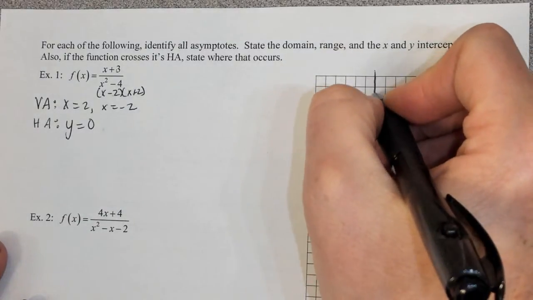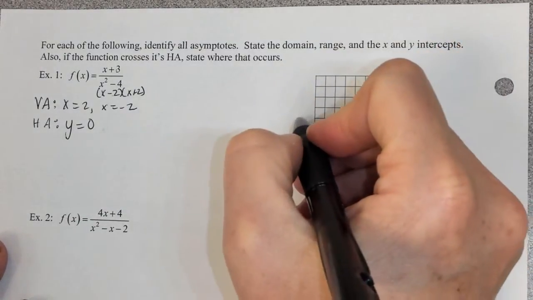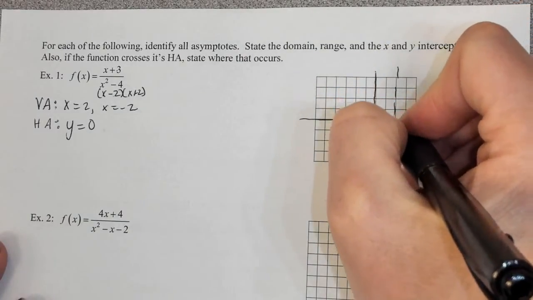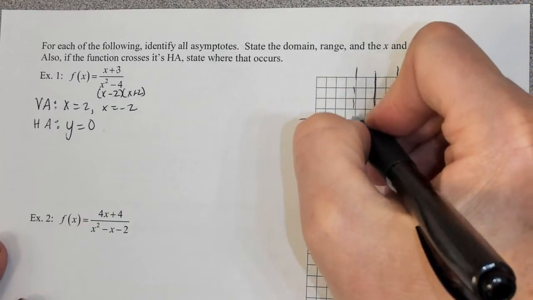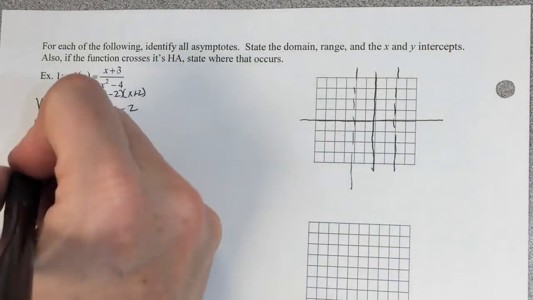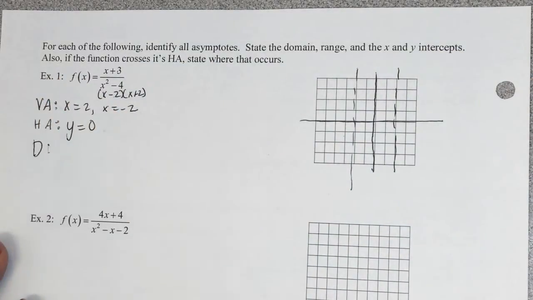Let's go ahead and graph as we go. So I'm going to put in my vertical asymptotes. Okay, so let's see what else. Domain. Am I ready to give the domain a shot? You should know it, guys.